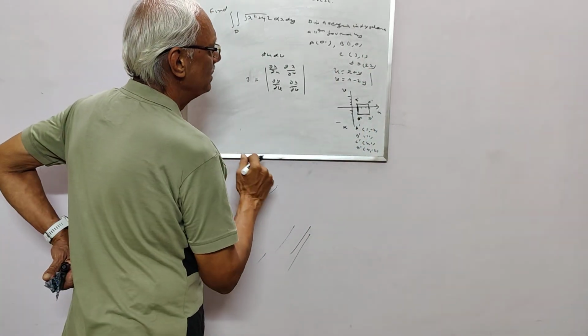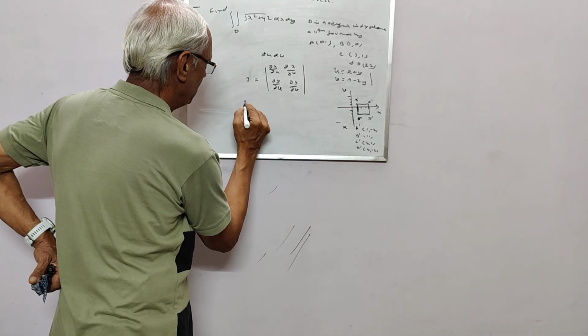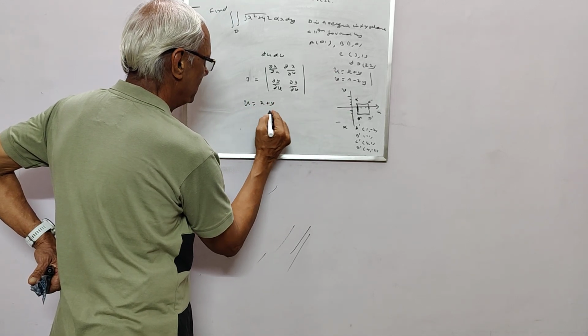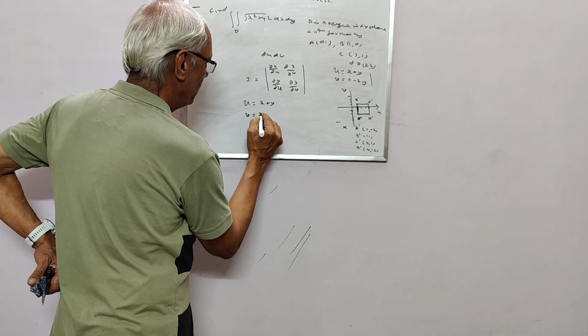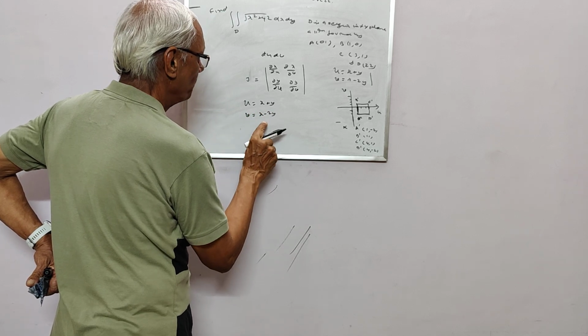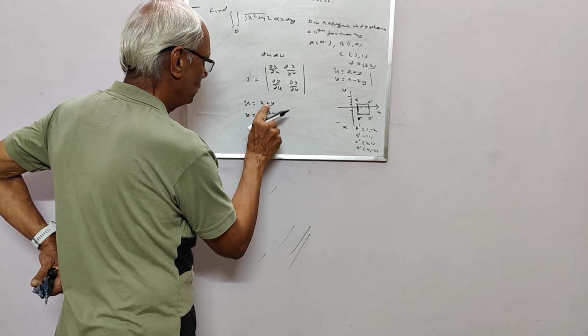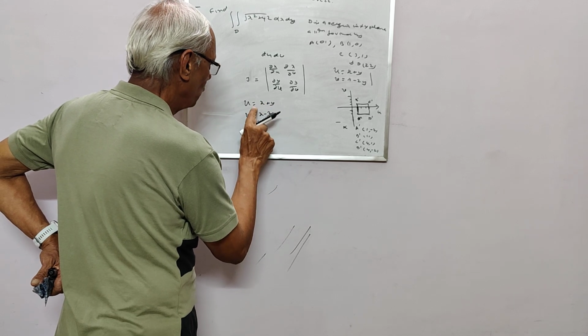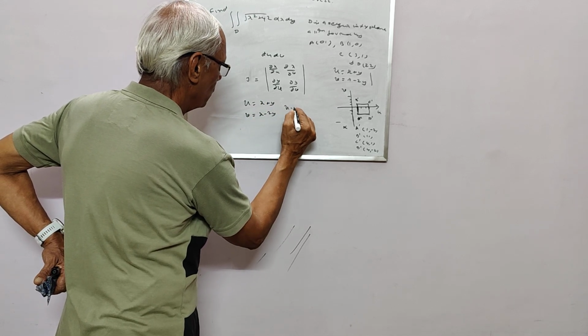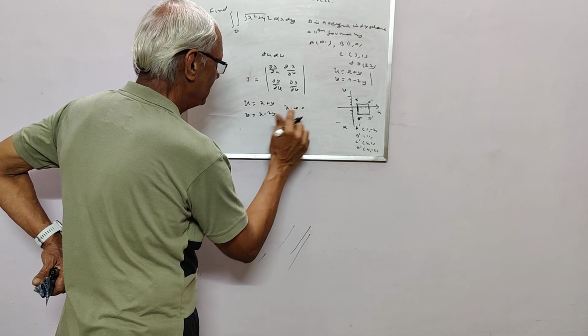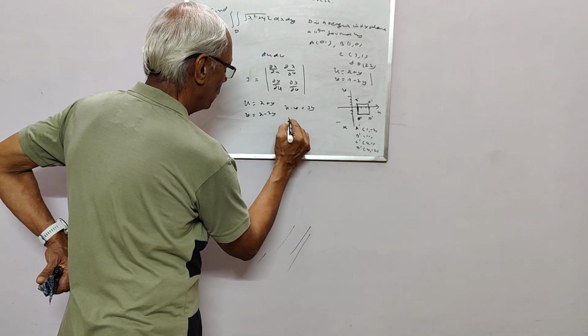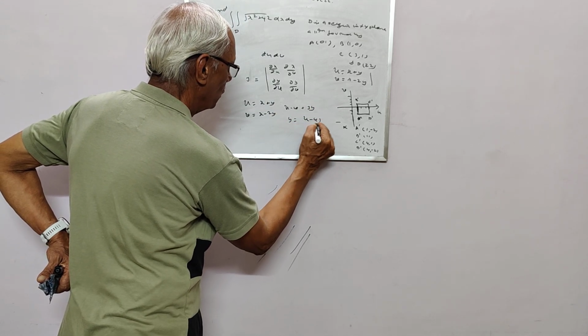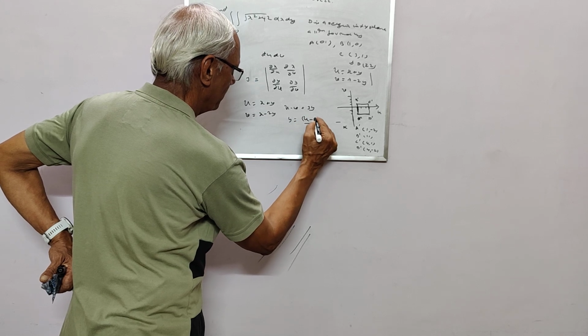Now, what is x here? Now you have to solve this. U is equal to x plus y, and v is equal to 2x minus y. Now you subtract here. So u minus v is 3y. So your y will be equal to u minus v by 3.